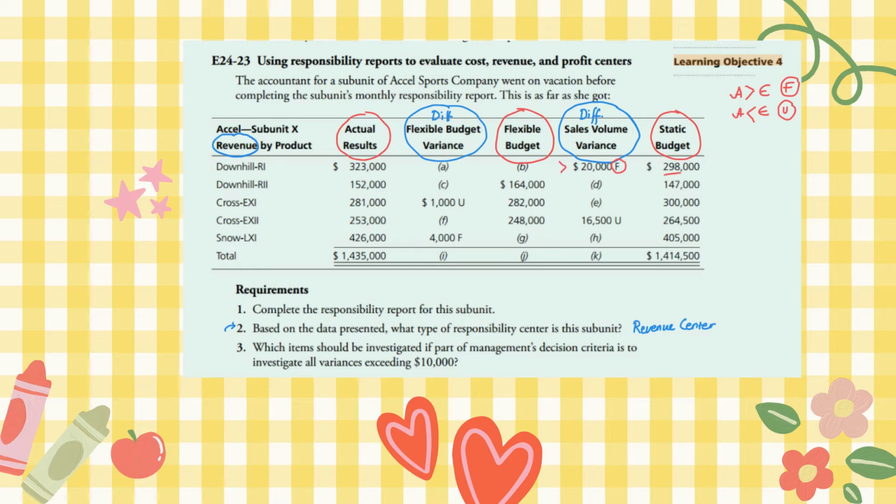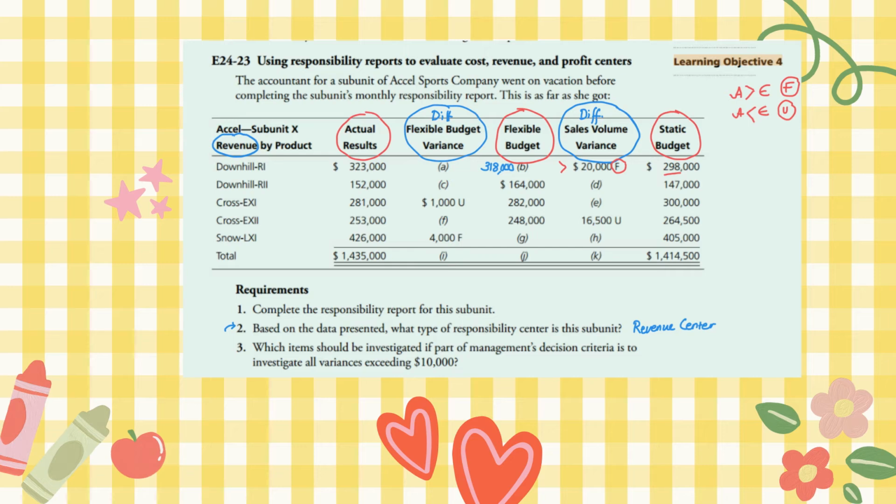So this number is greater than 298 by 20,000. What shall I do to find the flexible budget? I'm going to add 298 to 20. It's going to be 318. So this is the answer for B.